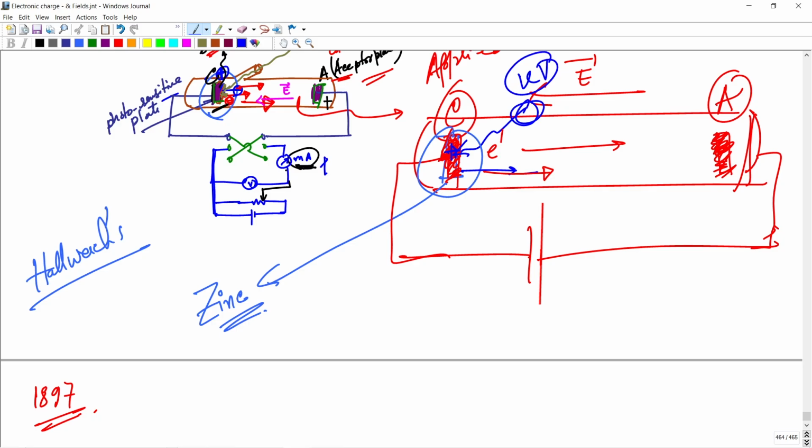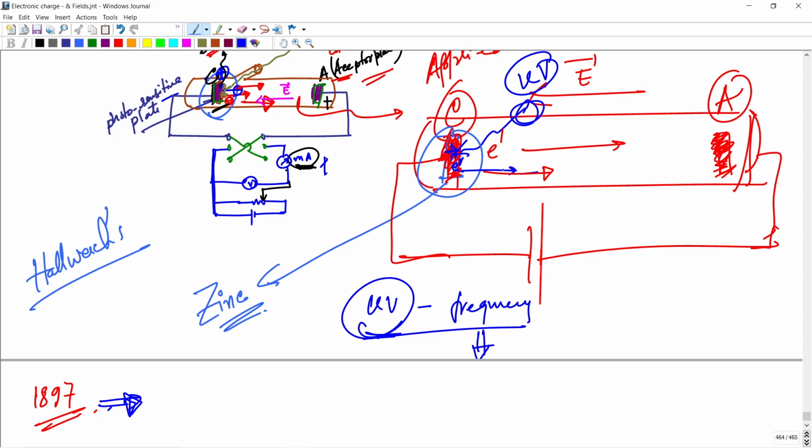When the frequency of incident light is at a minimum value, electrons are emitted. In 1897 they observed that not all UV rays falling on the emitter plate are able to overcome that attractive pull. Some minimum or cutoff frequency must be needed to overcome that attractive pull. The electron accepts energy from the UV light, and this overcomes the attractive pull.